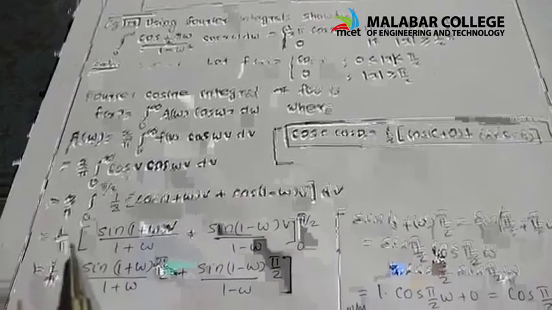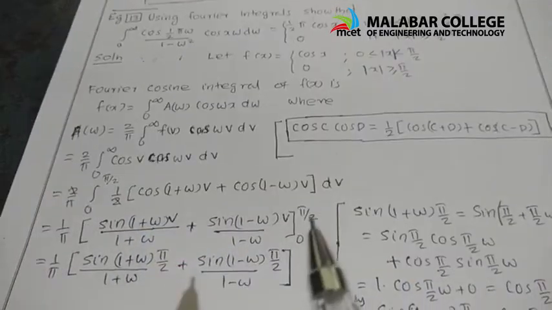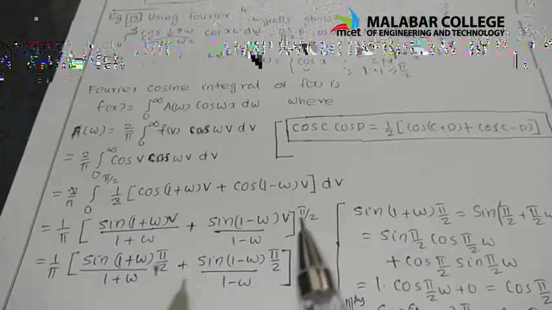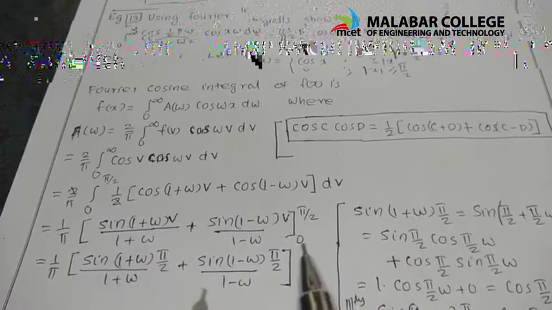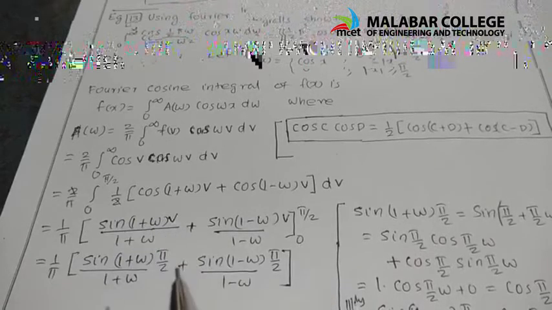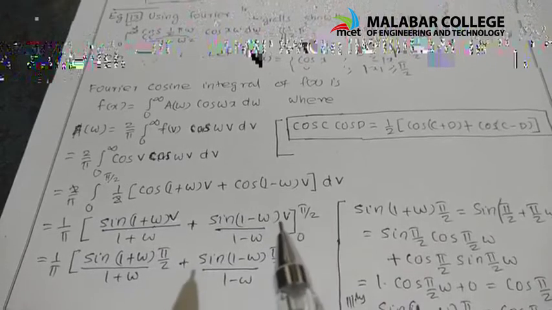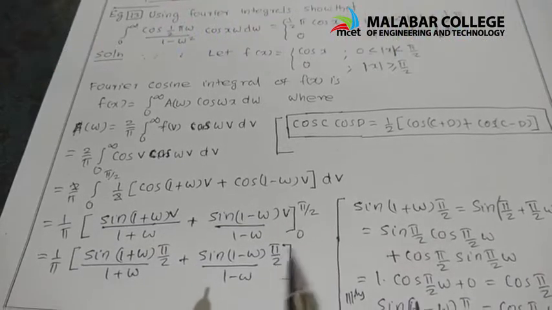The 2 cancelled here, 1 by pi taken out. We have to apply the upper limit pi by 2: in place of v we write pi by 2, all the other things are the same. Minus lower limit is 0 here, sin 0 is 0, no need to write. Similarly here also the upper limit is pi by 2 applied, and the lower limit is 0, no need to write.